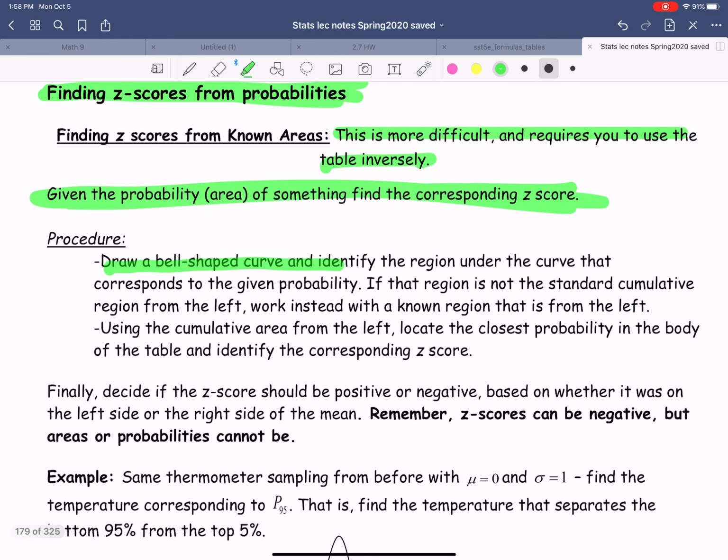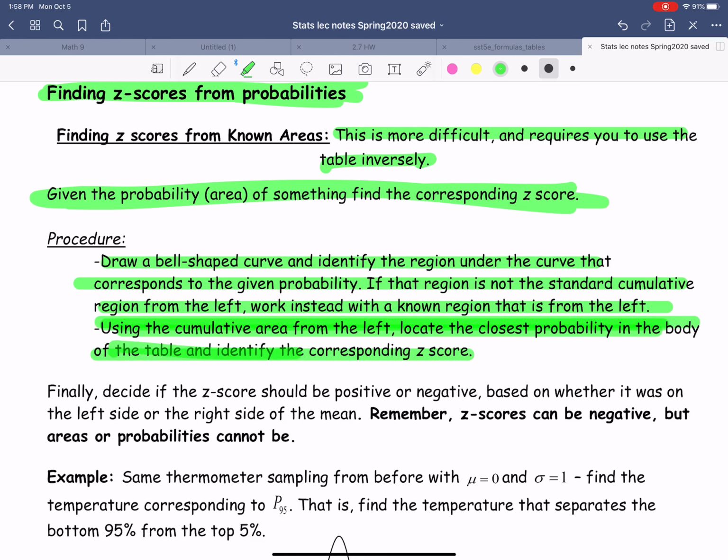So first of all, we're going to draw the curve, and then we will be looking for the area in the body of the table, maybe not exact. We may not find the exact area in there. We'll go with the one that is closest, okay? Again, remember, z-score can be negative, but the area and probability cannot be negative.